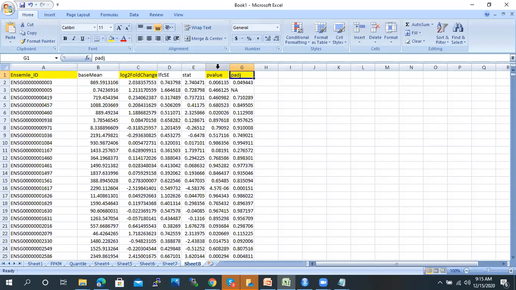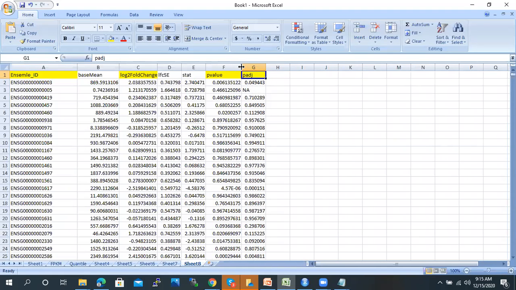Then here is the p-value, and then we have the p-adjusted value. Can anybody tell me the difference between the p-adjusted value and the p-value? Anyone familiar with the difference? Okay, Bharat.